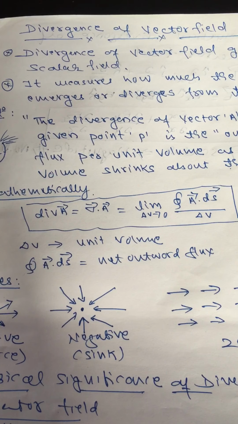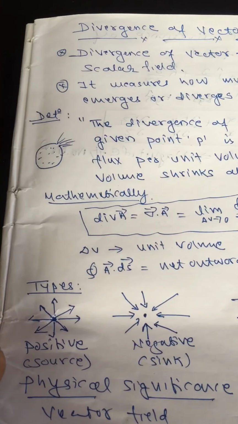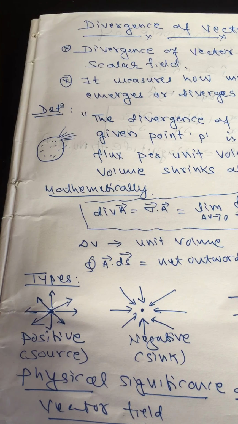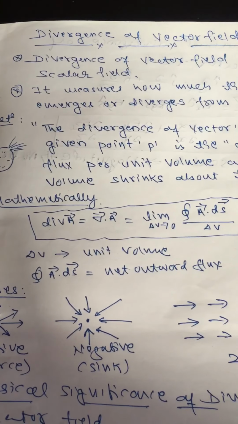Negative divergence: negative means the field is moving towards the point. That point you consider as a sink. In the previous case, the point is called a source, since from the source the field is moving away from the point. Here the field sinks, moving towards the point, which is called negative divergence, or you may call it a sink.